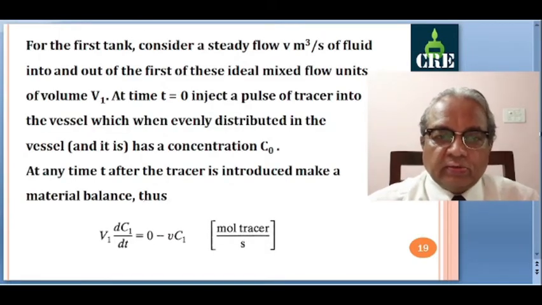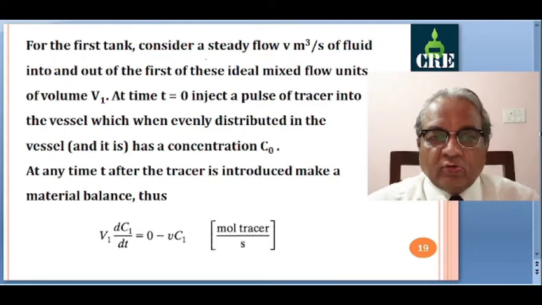So we'll consider a number of tanks here. For the first tank, consider a steady flow rate of v meter cube per second of fluid in and out of the first of these ideal mixed flow units. Ideal mixed flow means we are considering that the mixing is proper, it is well mixed.